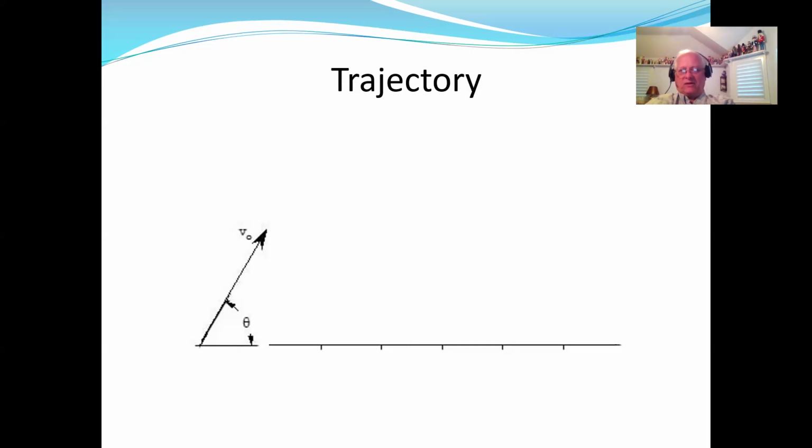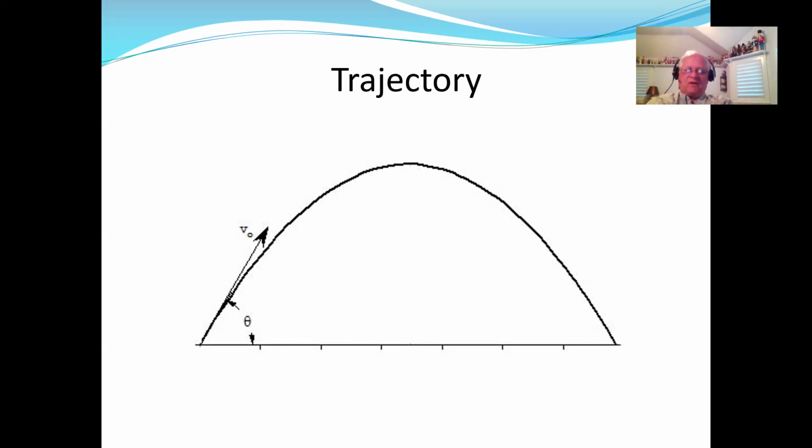Again, this is the total initial velocity, not just the vertical component. So I have a v naught total velocity fired off at an angle of theta. The object flies up, goes through a maximum and then lands on the earth, I guess, if we don't impede it otherwise, some distance away. So we have a curve that looks like this.